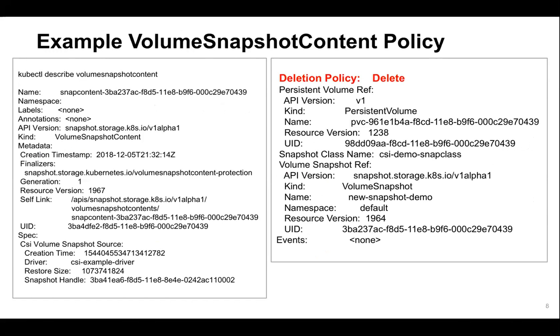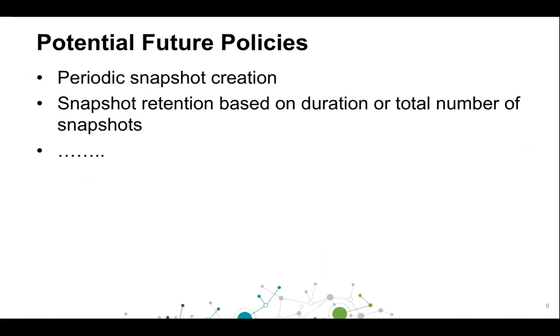So this is all for the volume snapshot content and persistent volume reclaim policies. And then for the future, we are looking at setting a policy to periodically create snapshots, maybe nightly or weekly at a certain time.